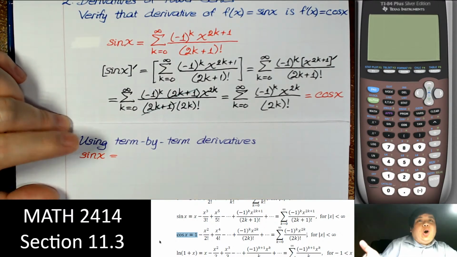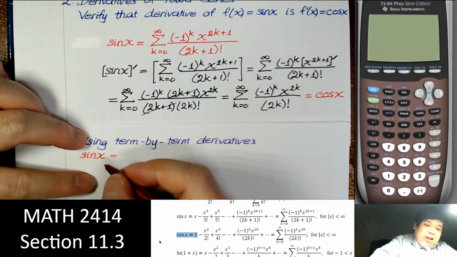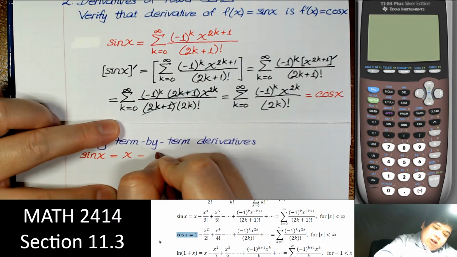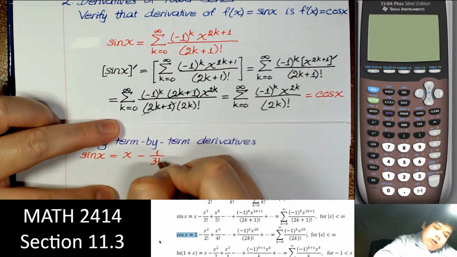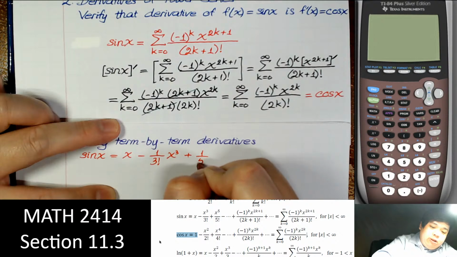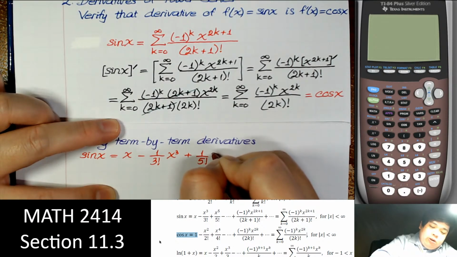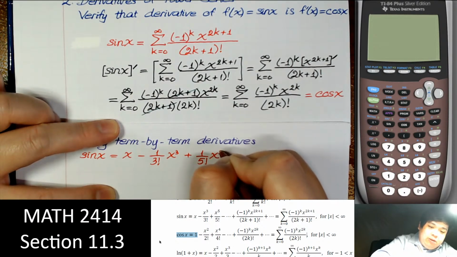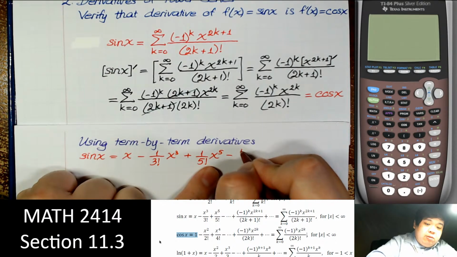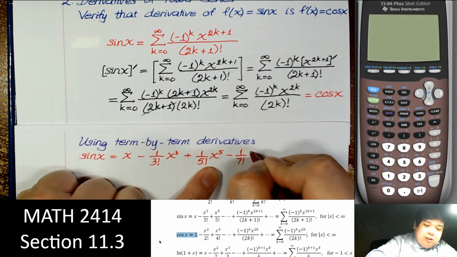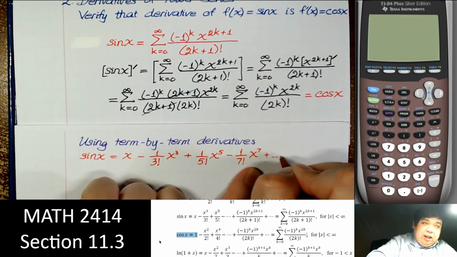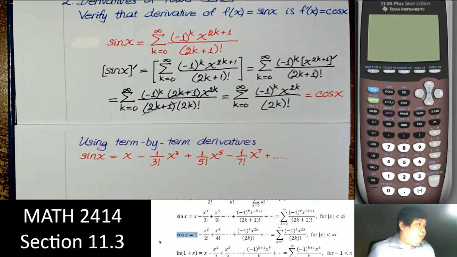Now for sin x, all of the powers are odd, so we start with x minus 1 over 3 factorial x cubed plus 1 over 5 factorial x to the 5th. Because sine is an odd function, I'm going to have all the odd terms: the first, third, fifth, seventh, and so on.